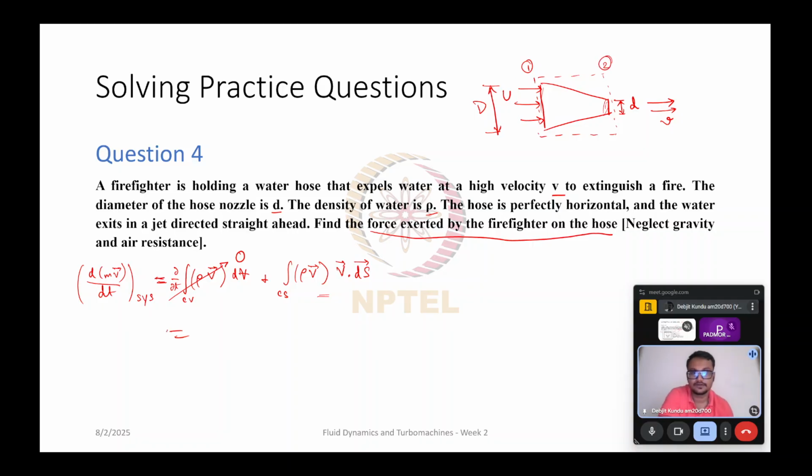So whatever rho v v into, and let's say I know this area, so let's call this A1 and A2. This into A1 and all of this at 1 will be negative since the direction of velocity and the surface area are opposite to each other, and at 2 will be plus.